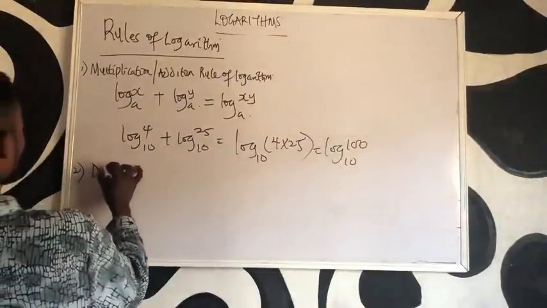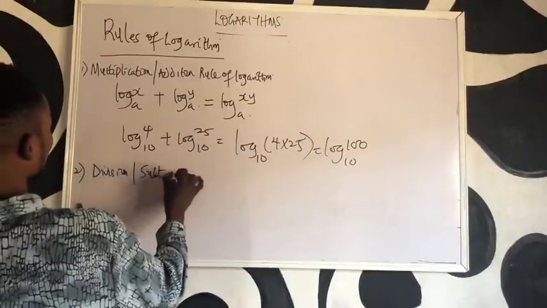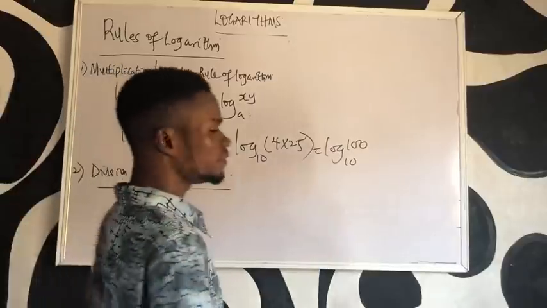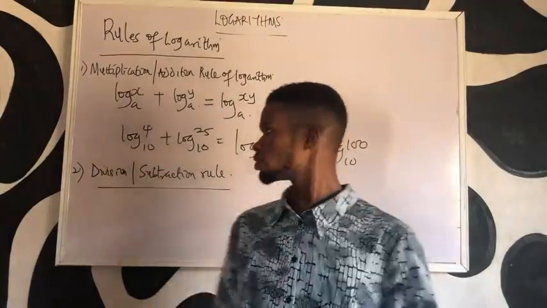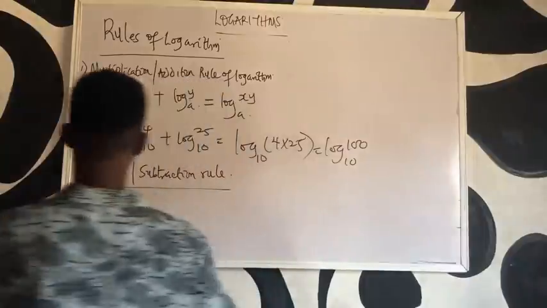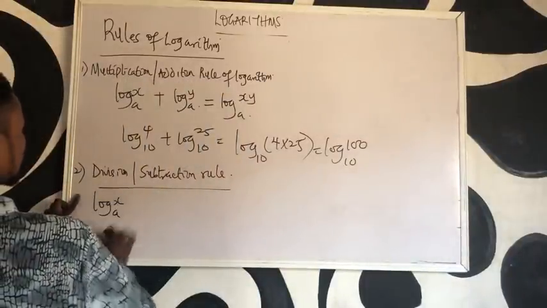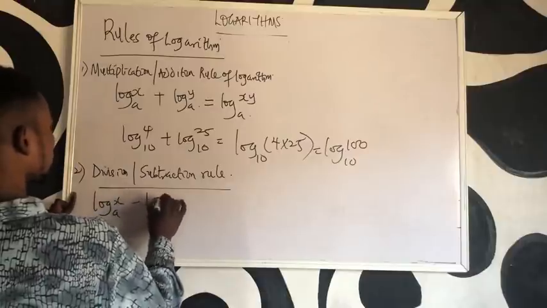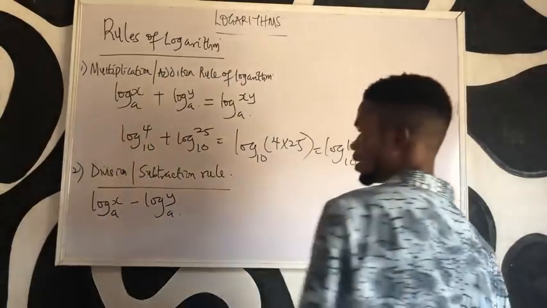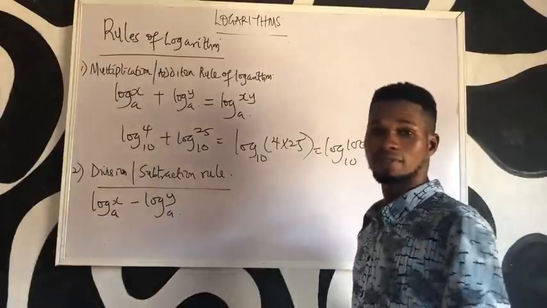Another one, let's talk about the division or the subtraction rule of logarithm. The division or subtraction rule of logarithm, we have addition here. The case when we have subtraction, let's say we have log x base a minus log y base a. Now the logarithms of numbers are subtracted from one another, with a common base.